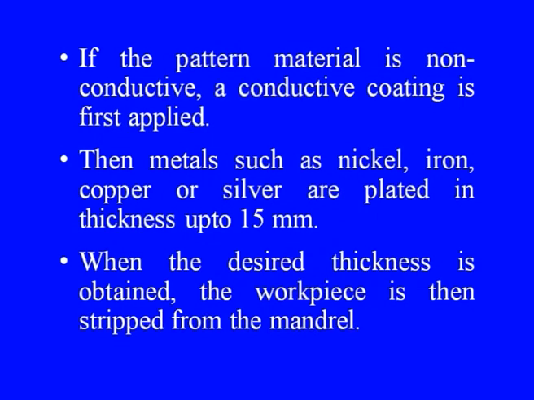If the pattern material is non-conductive, a conductive coating is first applied. Then metals such as nickel, iron, copper or silver are plated in thickness up to 15 millimeter. When the desired thickness is obtained, the workpiece is then stripped from the mandrel.